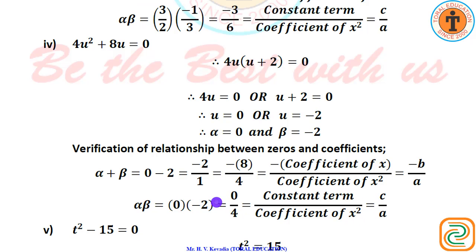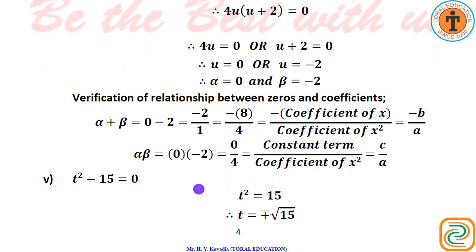Now look at here, t square minus 15. Can we take 15 here? T square equals to 15, and taking the square root, we get t equals to plus or minus root 15. Why is it so?